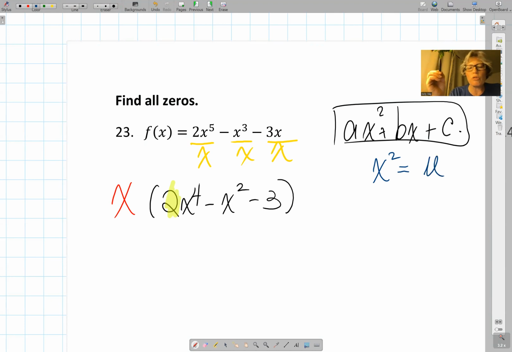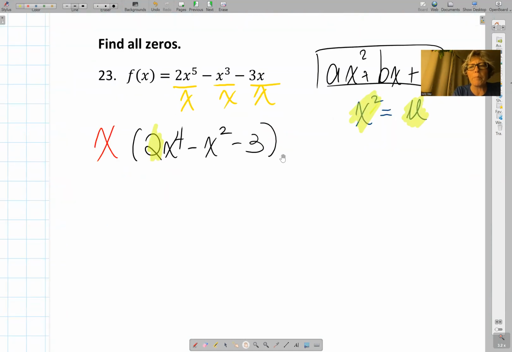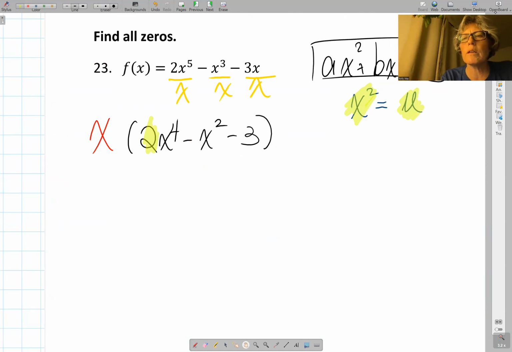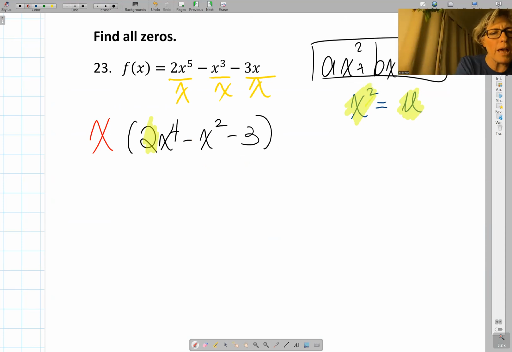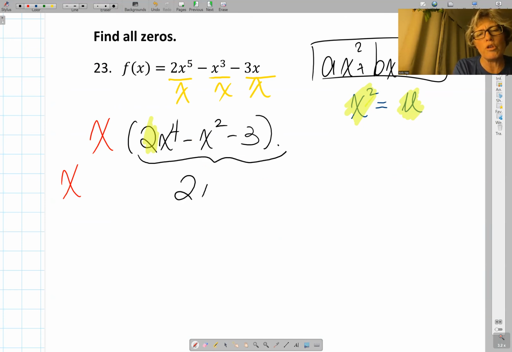One step at a time here again, so just keep track of what we're doing. We are going to replace wherever x squared is with the single variable u, and you'll see why that's helpful in just a moment. Keep that x on the side. We're just going to leave this red x over there, and we're going to take this and rewrite it as 2u to the second.